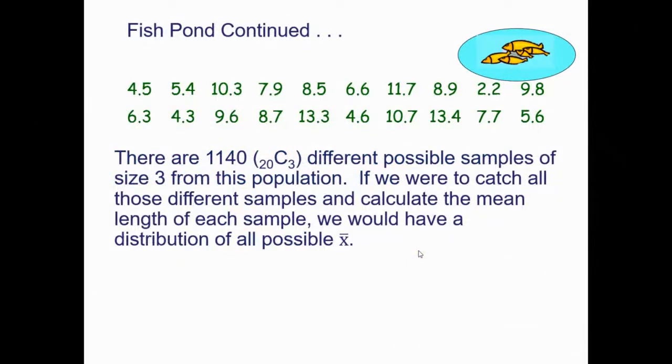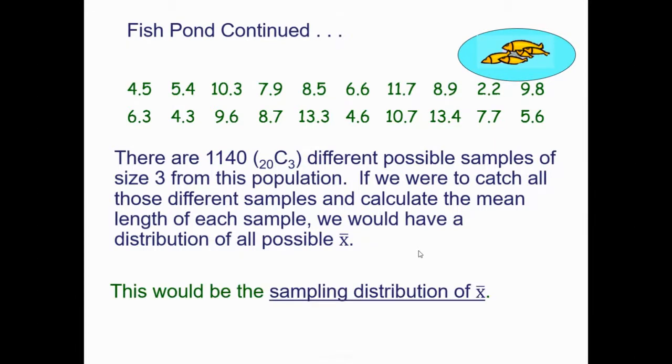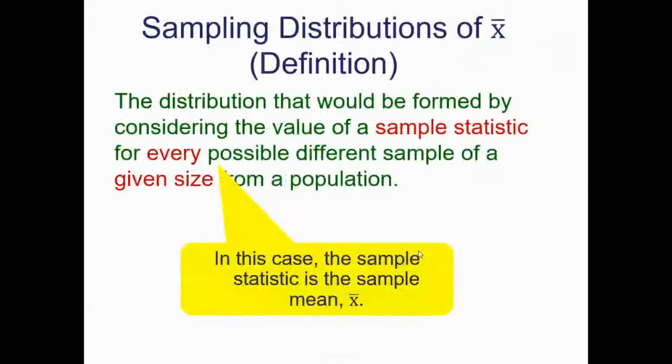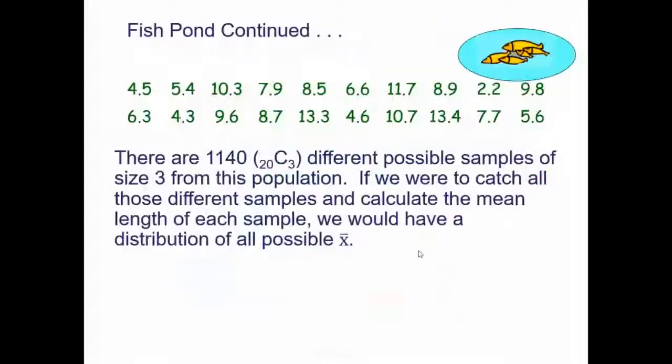Okay, so continuing with our fish example. If we figure out how many possible samples of size 3 we could get, it would be over 1,000 samples.